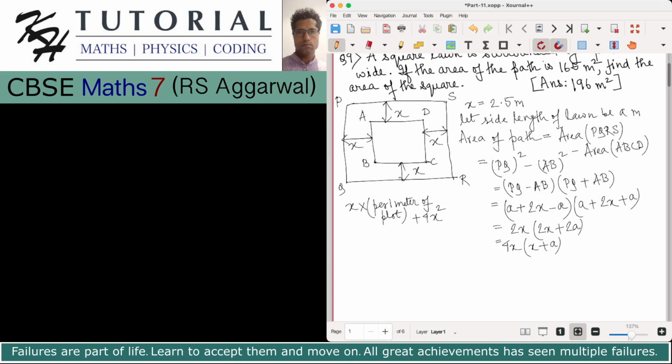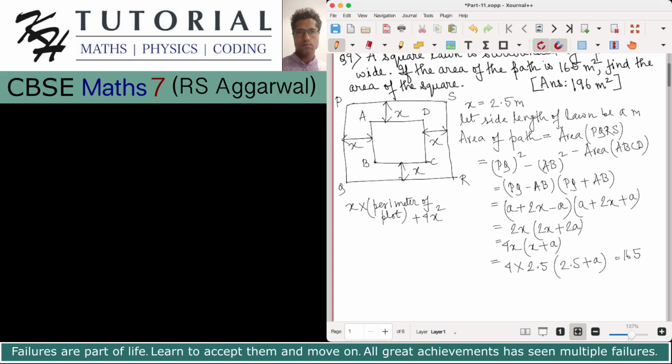So this is equal to 4 multiplied by x, x is 2.5, and we have 2.5 plus a. The area of the path is given to be 165 meter square, so this must be equal to 165.